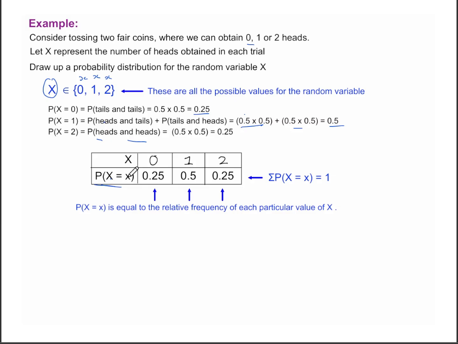When the random variable is equal to 1, the probability is 0.5, as we found earlier, where we have 1 head out of the 2 tosses. And when the random variable is 2, meaning we get 2 heads after tossing, the probability of getting 2 heads from your 2 tosses is 0.25. And if you add all of this up, you'll see that the sum of the probabilities will equal 1.